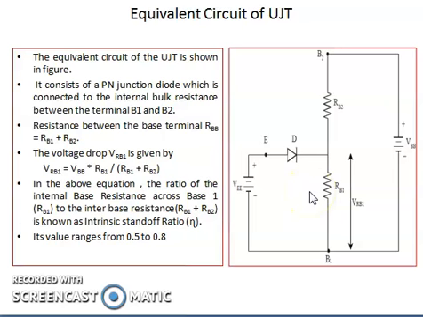The voltage drop across RB1 is given by VRB1 equal to VBB into RB1 divided by RB1 plus RB2. This ratio is an important parameter: the ratio of the internal base resistance RB1 to the total resistance, that is the interbase resistance RB1 plus RB2.